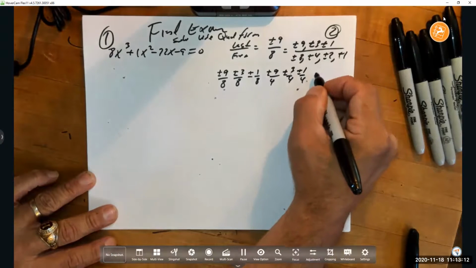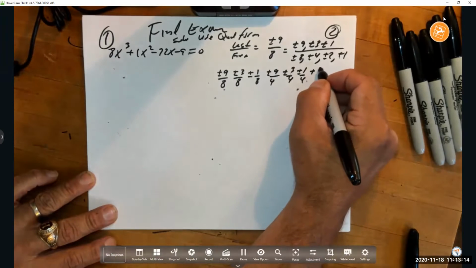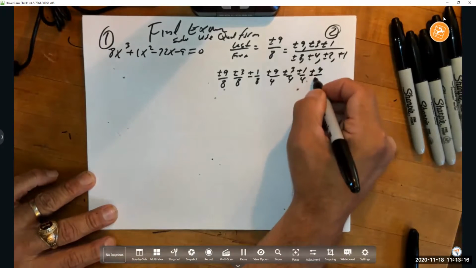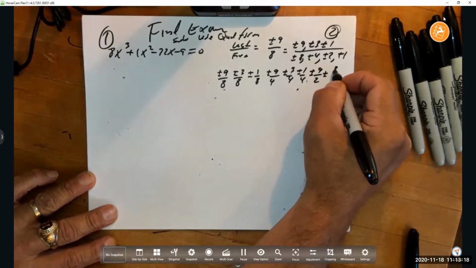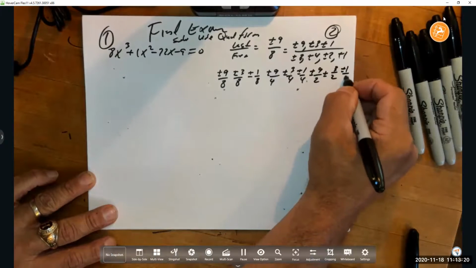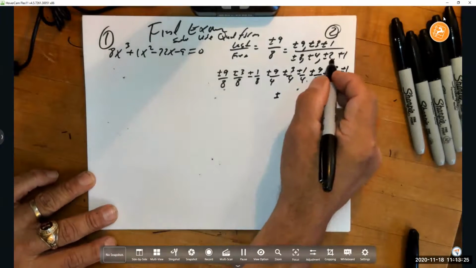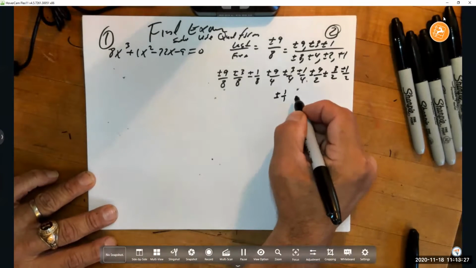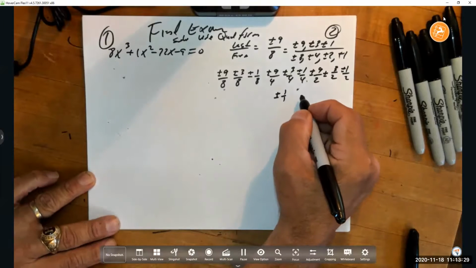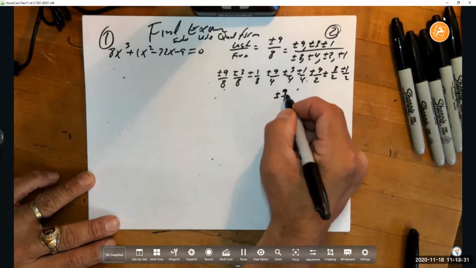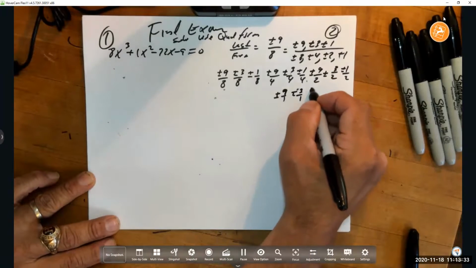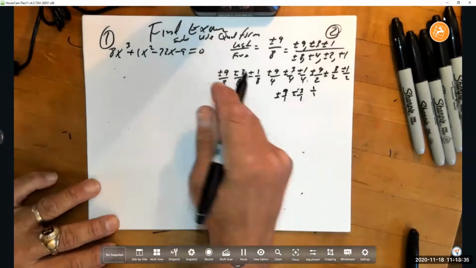And then plus or minus 9 over 2, 3 over 2, and 1 over 2. And then the last one is plus or minus 9 over 1, 3 over 1, 1 over 1. These are all a bunch of fractions.